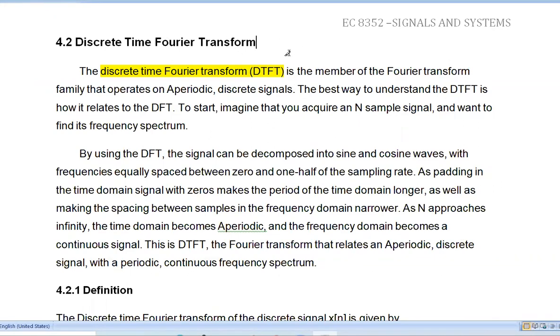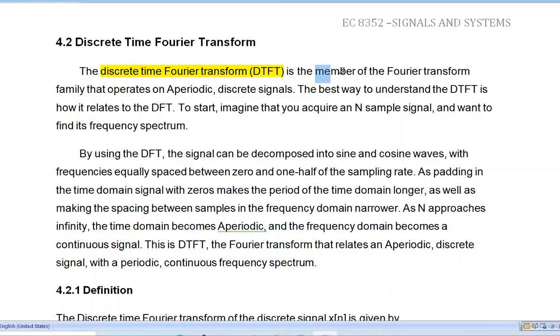Similar to that, in order to analyze the discrete time signal x of n and a discrete time system, we are using one type of Fourier transform. It is called the discrete time Fourier transform.